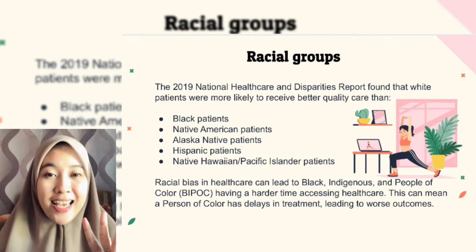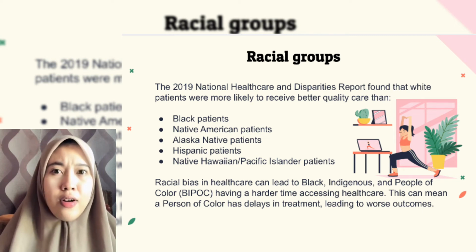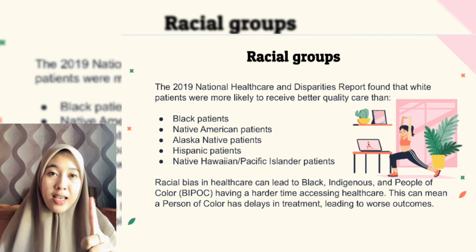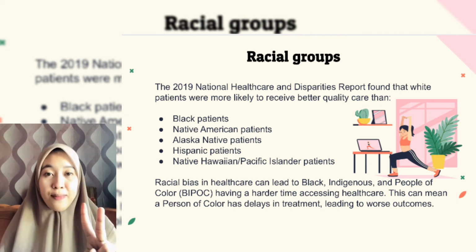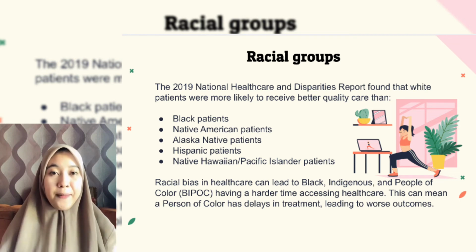Three, affected groups. The 2019 National Healthcare Quality and Disparities Report found that white patients were more likely to receive better quality care than one, Black patients, two, Native American patients, three, Alaska Native patients, four, Hispanic patients, and five, Native Hawaiian patients or Pacific Islander patients.